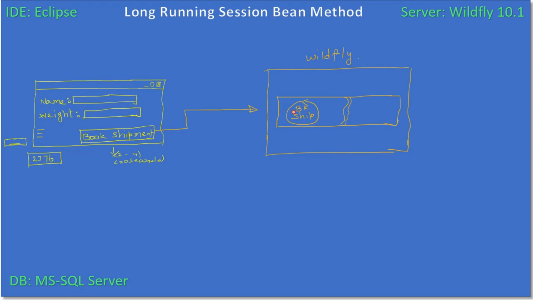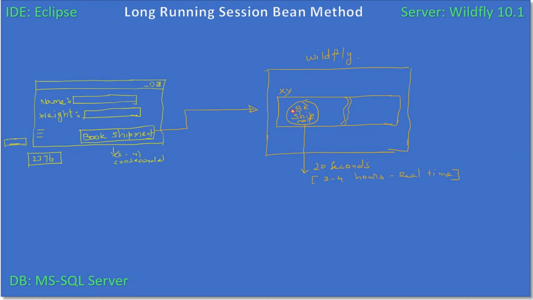So bkship is the method, let's assume like that, and the book shipment will make a call to a bean. Let's say bean is xy and exposed method is book shipment, and we will assume that this book shipment takes 20 seconds. Or in real world, let's assume it will take 3 to 4 hours.